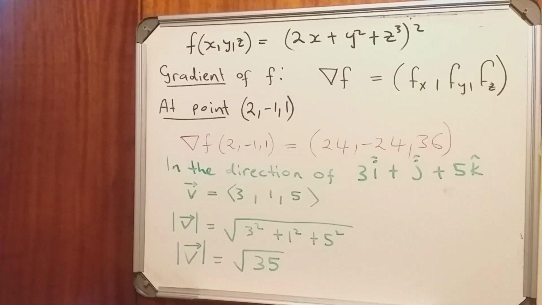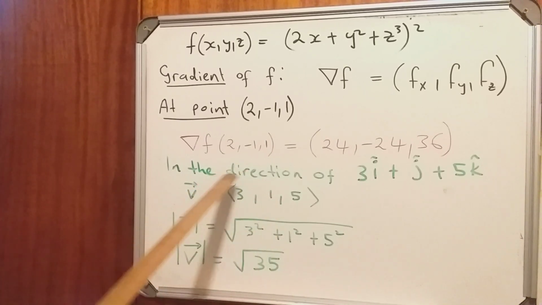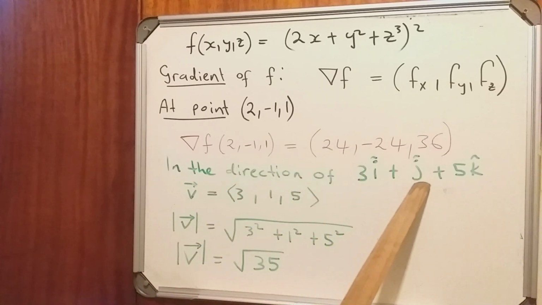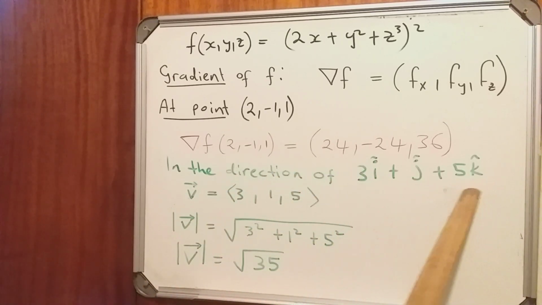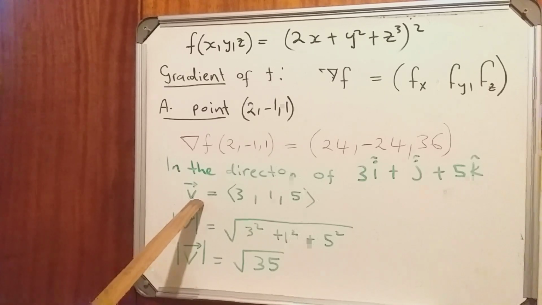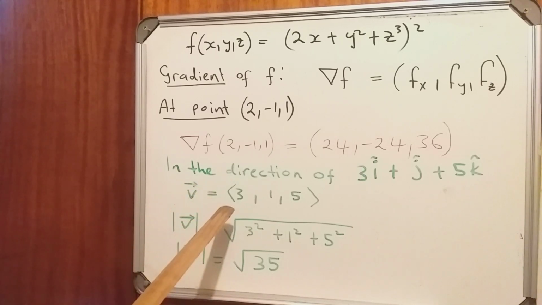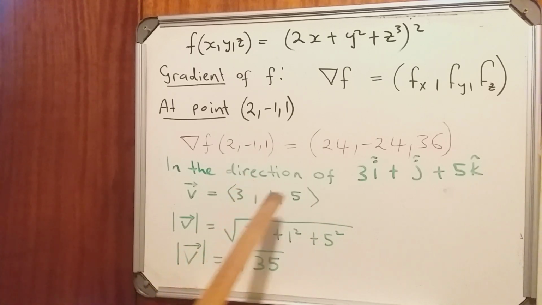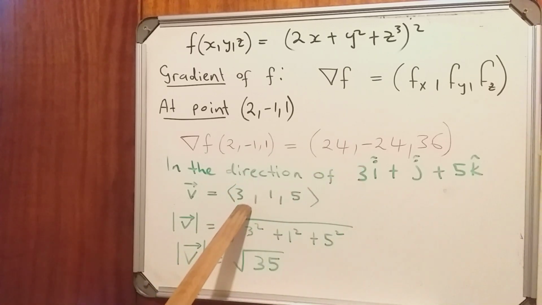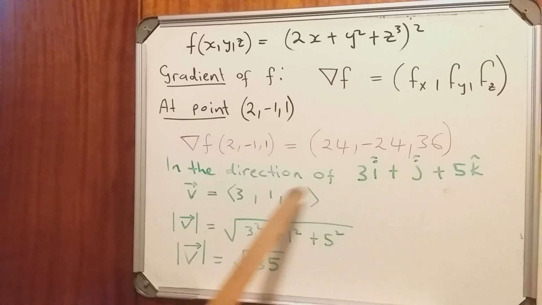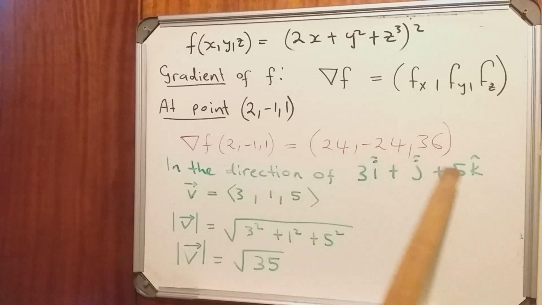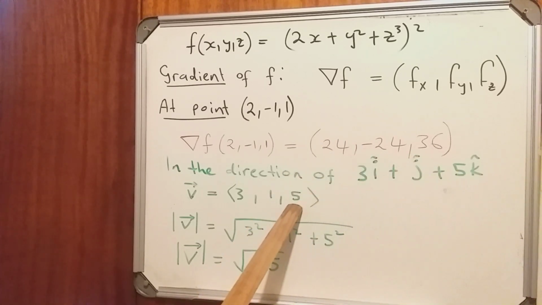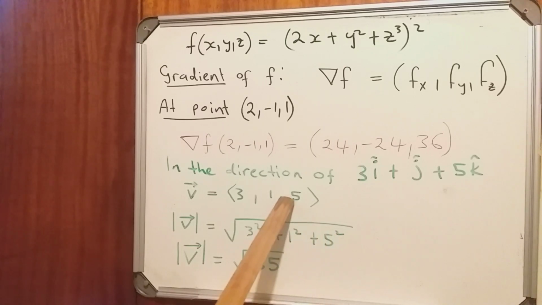So now we are going to find the vector in the direction of 3i plus j plus 5k, which implies that our vector, with an arrow on top, you can put round bracket or square bracket, still fine, is 3 in the x direction, 1 in the y direction and 5 in the z direction.